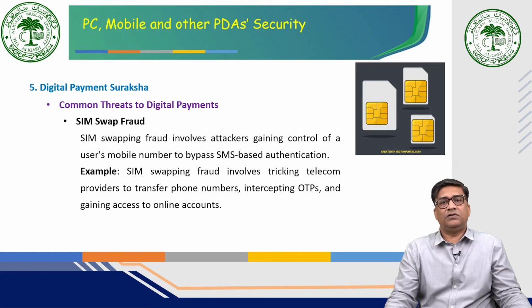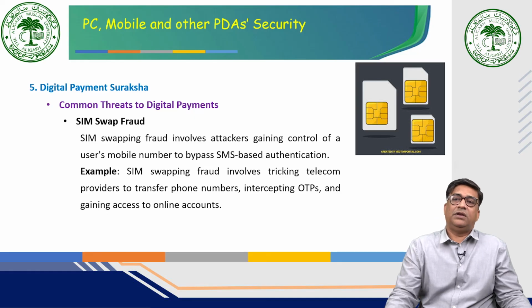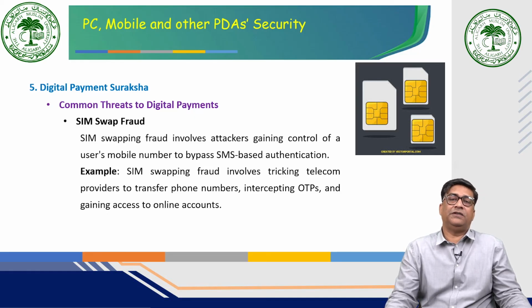In SIM swap fraud, identity theft happens because the fraudster tricks the mobile service provider into transferring the victim's phone number to a new SIM card that the attacker controls. This allows the attacker to intercept calls, messages, and authentication codes intended for the victim, leading to unauthorized access to sensitive accounts, including bank accounts and social media.